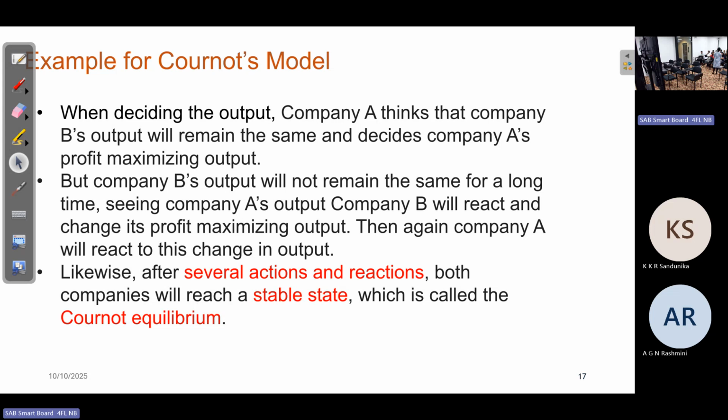From that point, we are not going to change or react. They will decide on the equilibrium quantity. So there is no collusion or agreement, just actions and reactions leading to the final equilibrium point. That is why Cournot is a non-cooperative model.